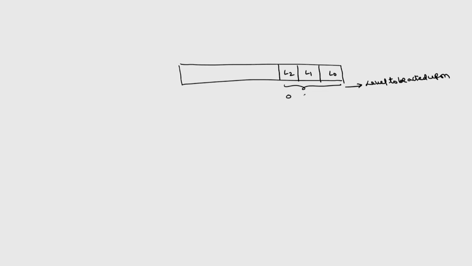So if this is 0, 0, 0 by default, IR0 level will be used; 0, 0, 1, IR1, and so on up to 1, 1, 1 means IR7. Then the next bits will be by default 0, 0, we are not going to use these.